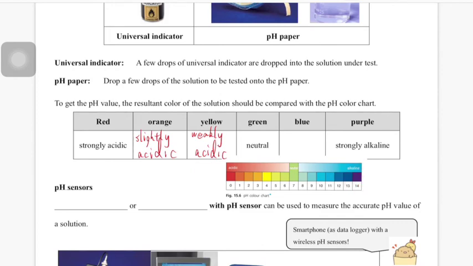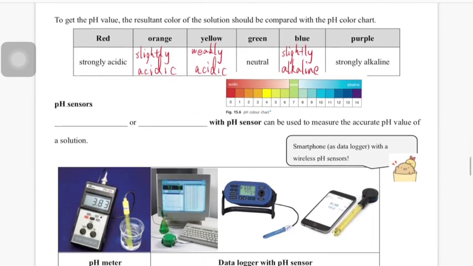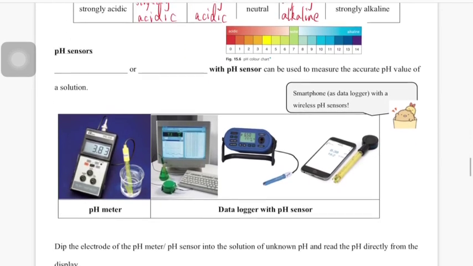So for blue, we describe the solution as showing a slightly alkaline condition.